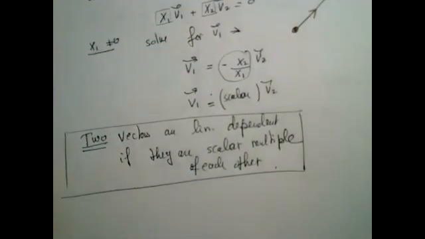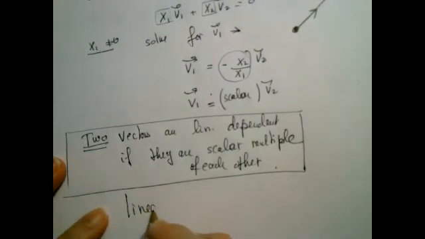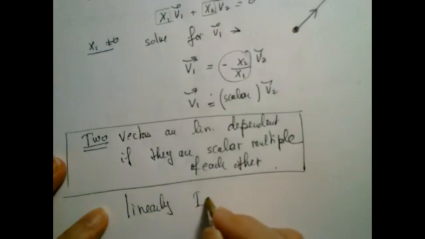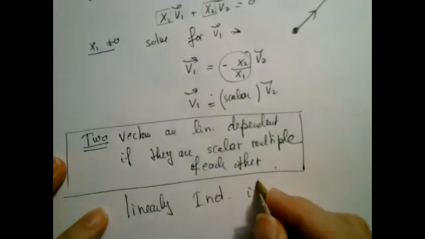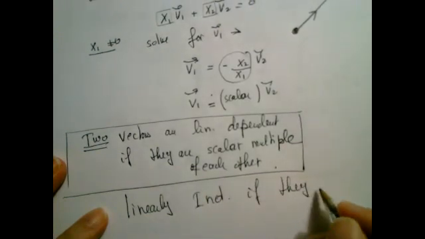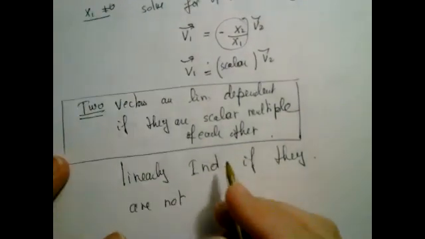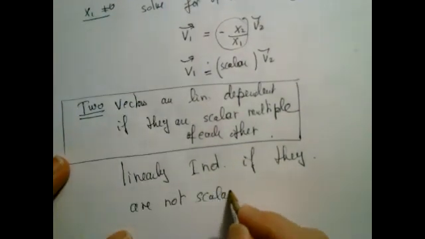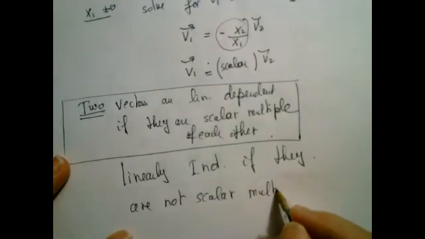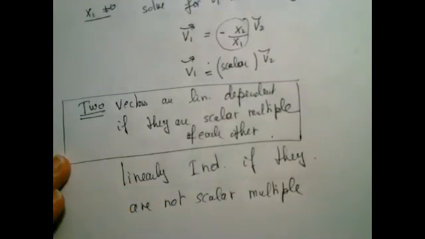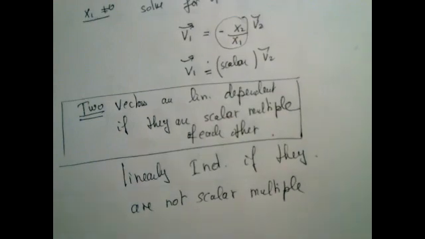They are linearly independent if this doesn't hold. They are linearly independent if they are not scalar multiples of each other. It means you cannot get one by just stretching the other.